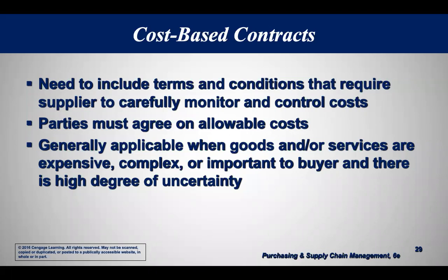And in the public sector, the governments, they've got really long definitions of what allowable costs are, etc. You see these kinds of contracts in large design contracts where things are expensive, or there's a high degree of uncertainty, like you're designing something and you don't know what it's going to look like at the end.